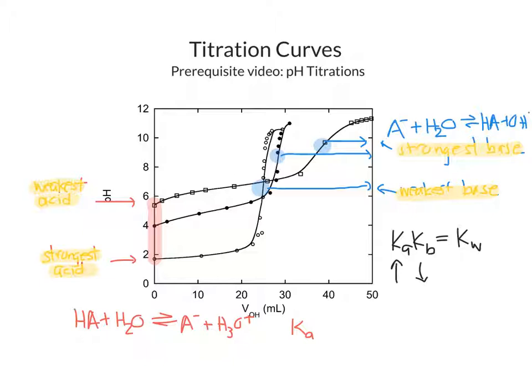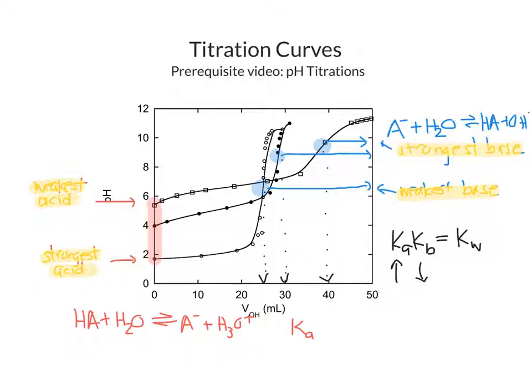Finally, the volume required to get to the equivalence point is different for each titration. And the amount of base required to get to the equivalence point tells us about the amount of acid we have in solution.